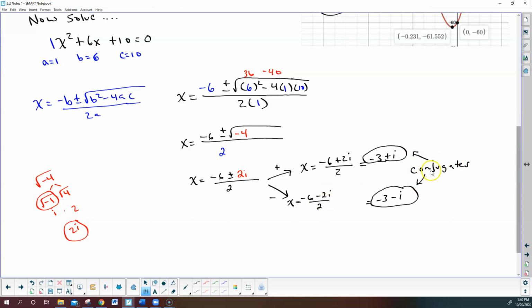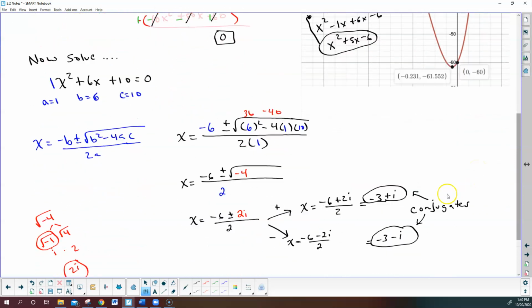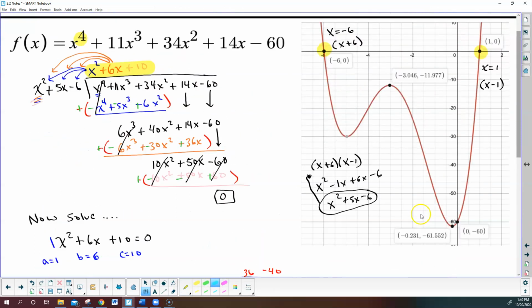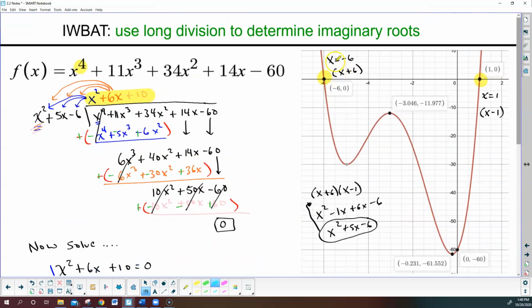All right, there's the first example. So now we know all four solutions. Right? We've got two imaginary, and from the graph, we have two real. A total of four solutions.